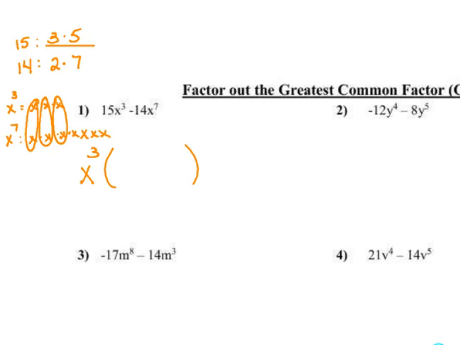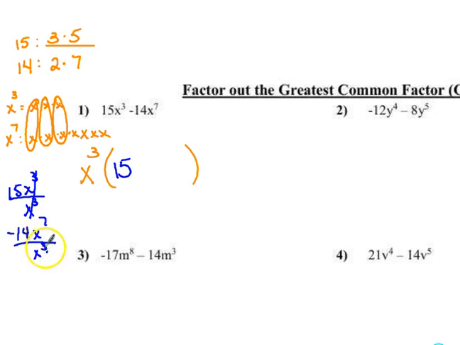Well, what's left? If I pulled out an x to the 3rd, so in other words, I'm looking at 15x to the 3 and trying to use the exponent stuff that we talked about. Notice that I have x to the 3 over x to the 3. Remember, these would cancel out. I'd be left with 15. I've got the negative 14x to the 7 over x to the 3. Remember, there's 7 on the top, there's 3 on the bottom.